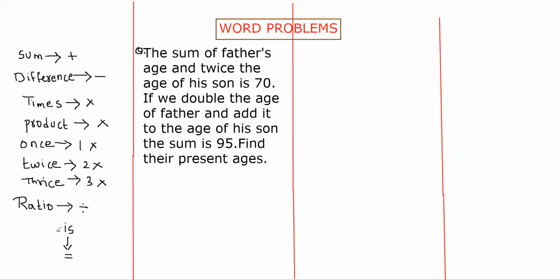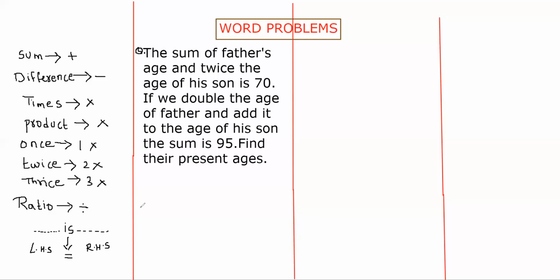Whatever things are given before is, that forms the LHS, and whatever is given after is, that forms the RHS. Before we start solving the word problem sum, these are the basic things which we should know. And once we know this, it becomes easy to form the equation.